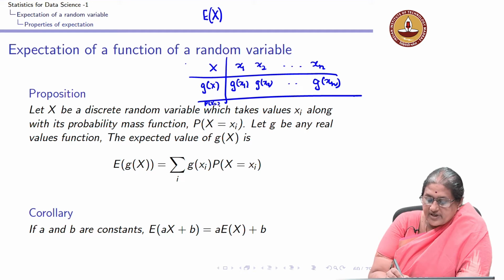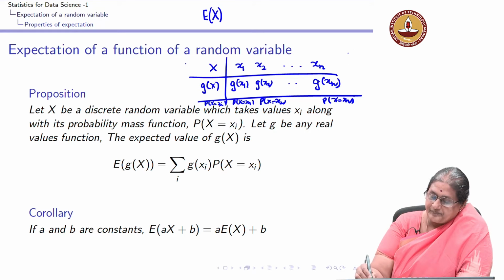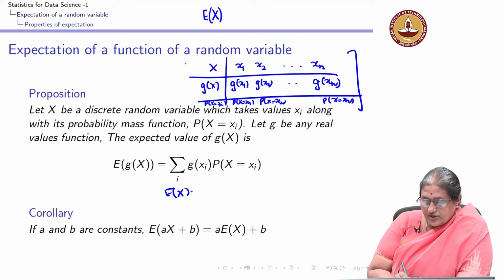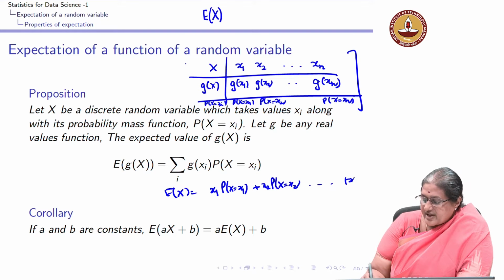So, I have probability x equal to xi: probability x equal to x1, probability x equal to x2, up to probability x equal to xn. I know the expectation of x is going to be x1 probability x equal to x1, plus x2 probability x equal to x2, plus up to xn probability x equal to xn.